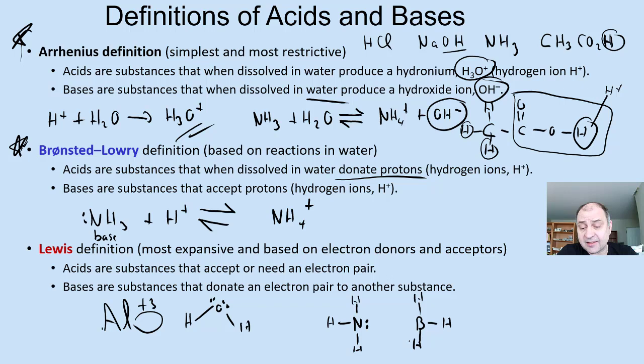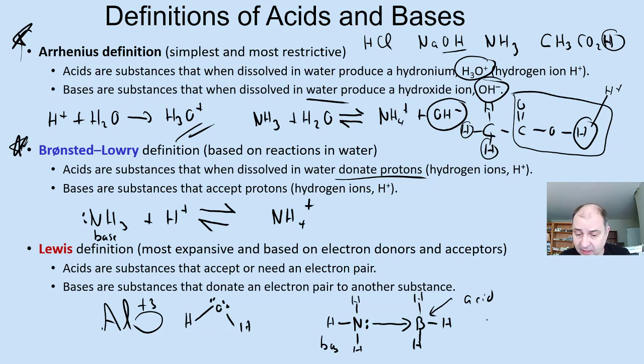So it has an empty p orbital that can accept electron density. So this will donate electron density into an empty orbital. So that makes that a Lewis acid, and this a Lewis base.